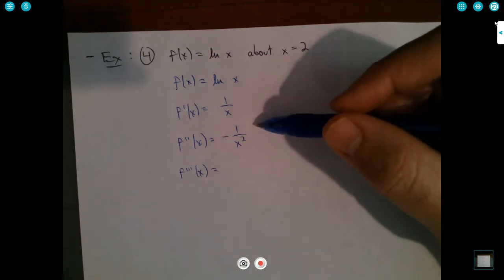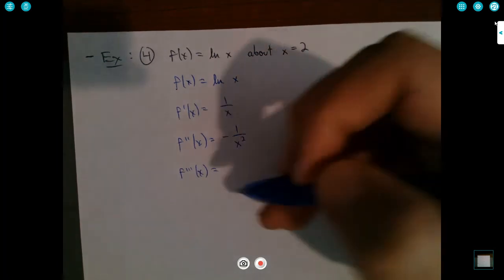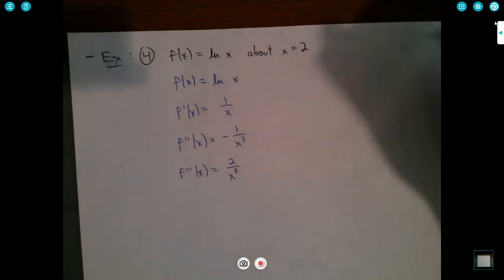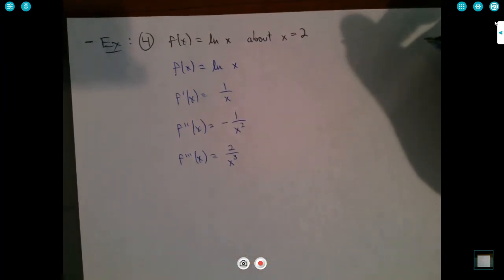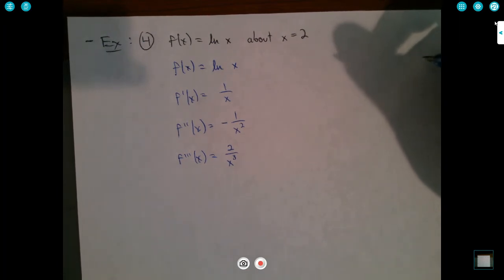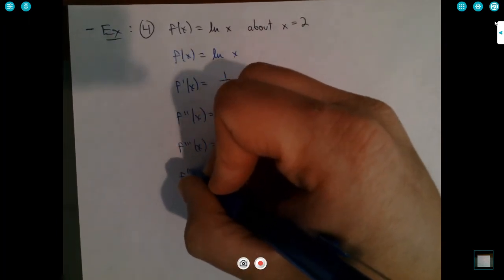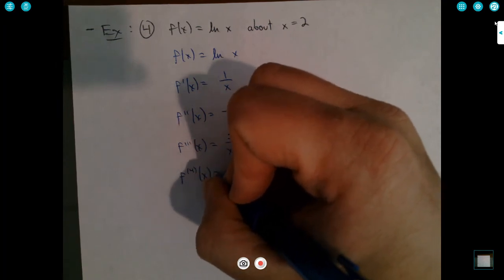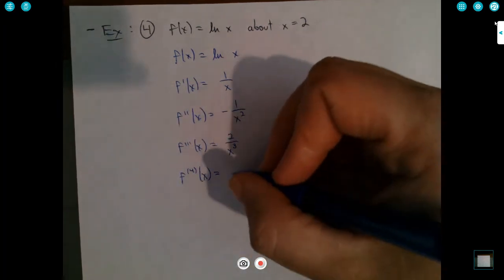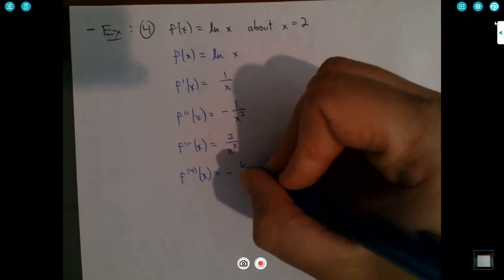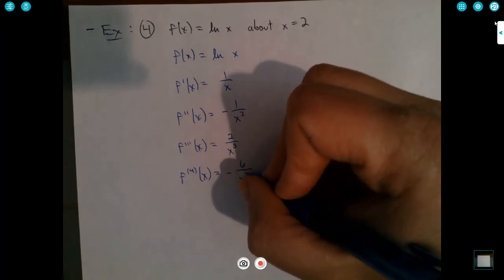This is negative x to the negative 2, so it's going to be positive 2 over x cubed. How many did they want? They wanted the first 4 Taylor polynomials. Well, I don't know if that includes the 0th one or not, so I'm just going to go one more just for good measure. That's going to be a negative 6 over x to the 4th.